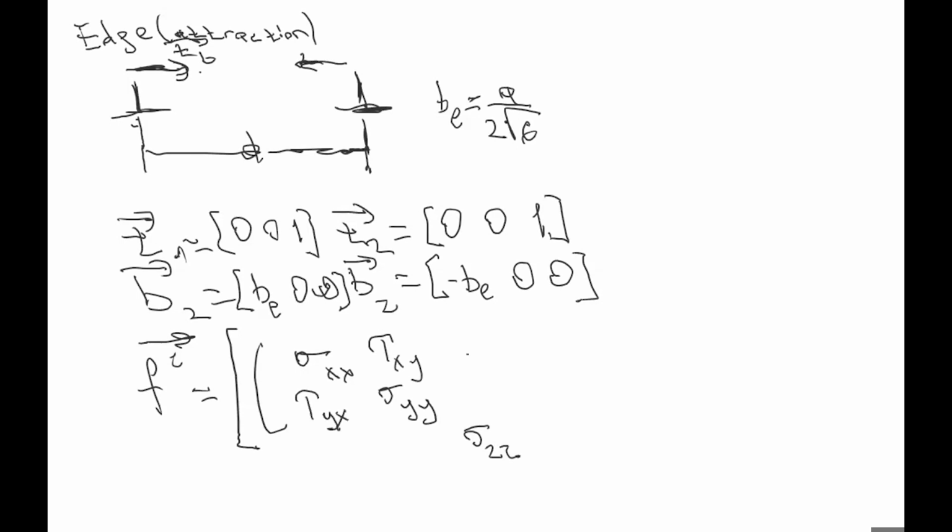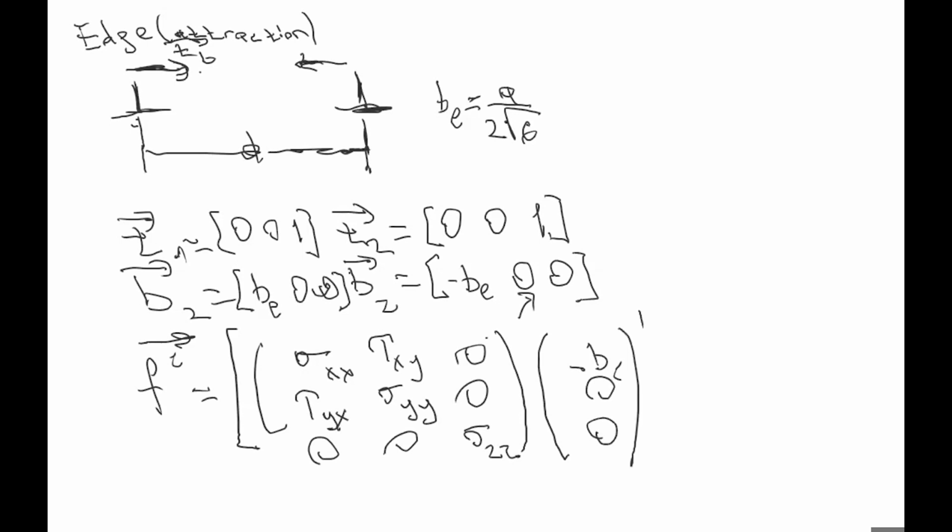Then the rest is basically 0. Then multiply it with this guy, 0, 0, times, I'm just applying the Peach-Koehler force formula, times this guy, 0, 0, 1.